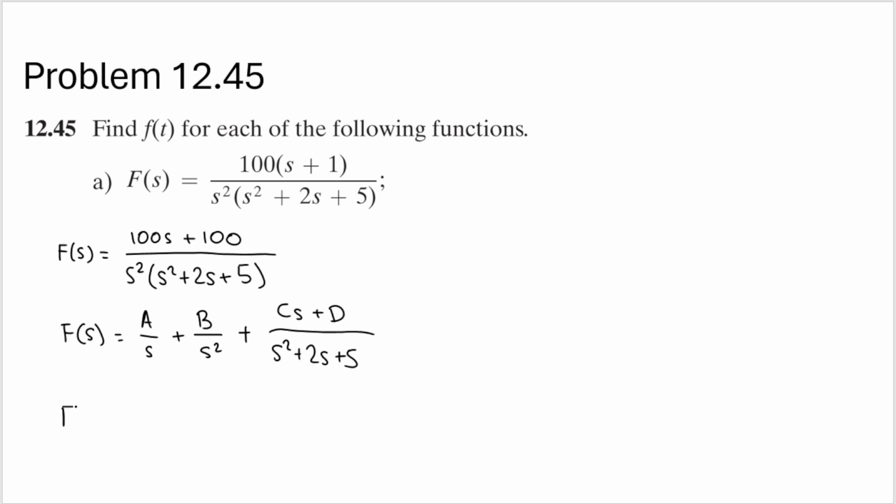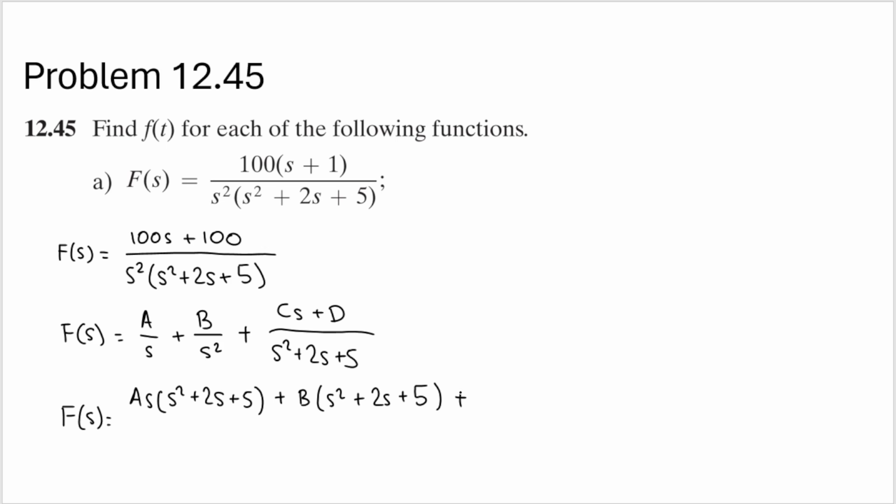So we will have F(s) equal to A s multiplied by (s squared plus 2s plus 5), plus B. We need to multiply B by this one here, so we will have (s squared plus 2s plus 5), and then plus (Cs plus D).